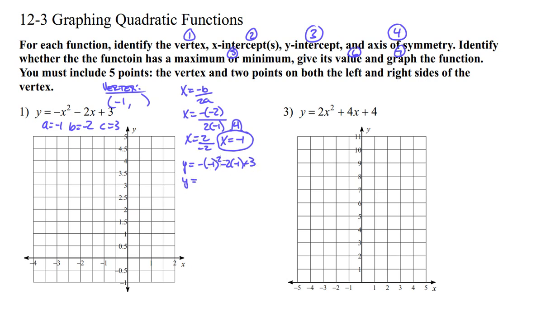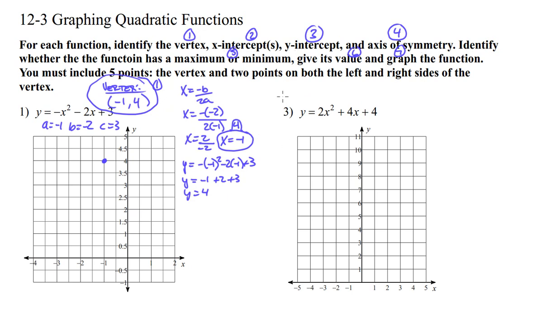So in this case, -1 squared is +1 times a negative is -1. -2 times -1 is +2 plus 3. So y equals 4 in this case. So our vertex is at -1 and +4. Okay, so we have now done the vertex, number 1, and the axis of symmetry, number 4.